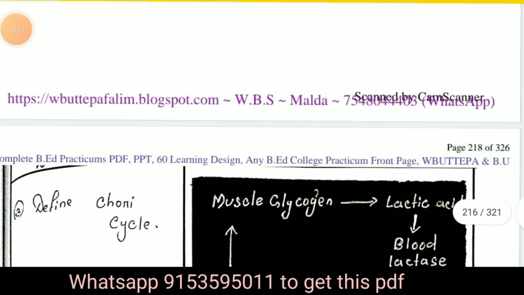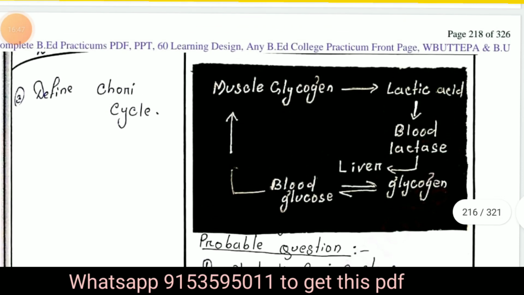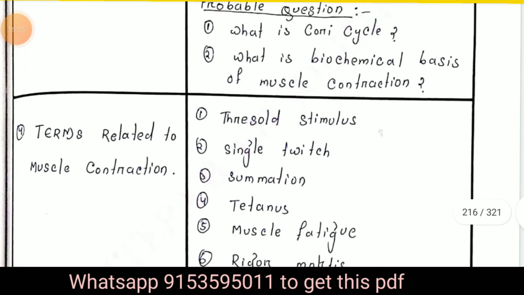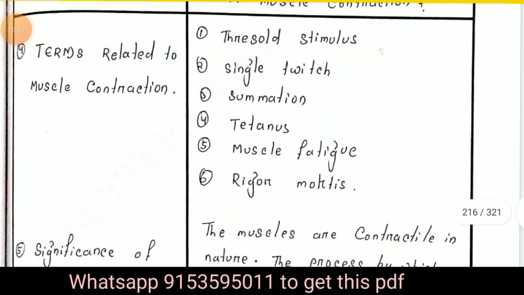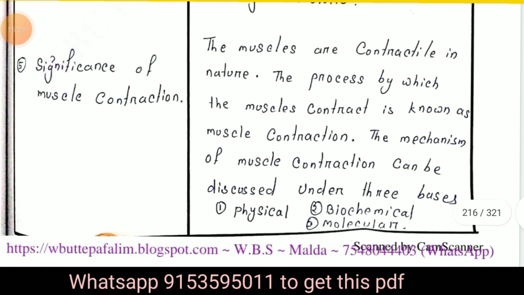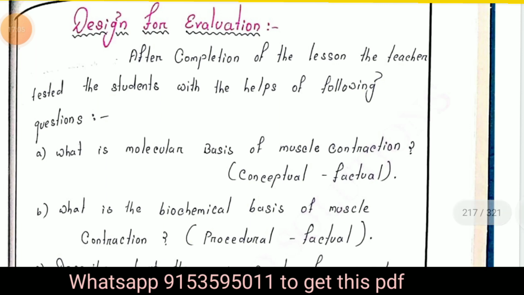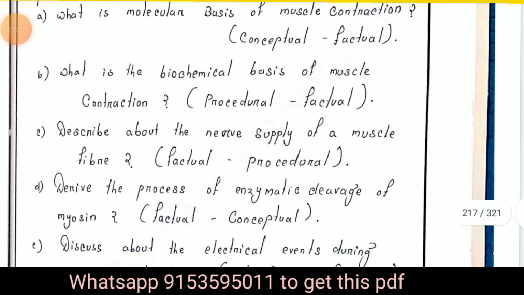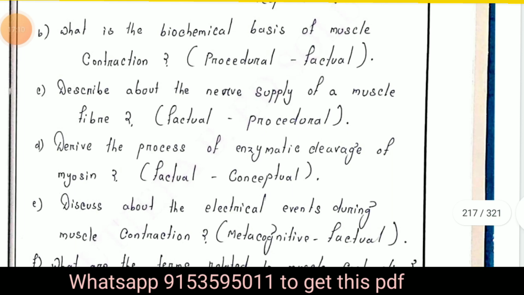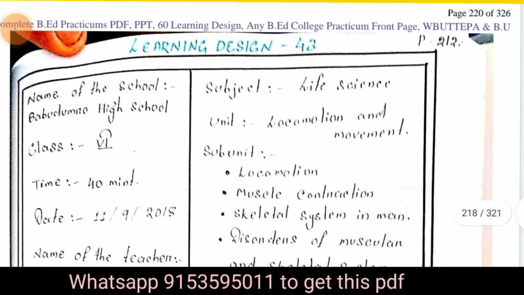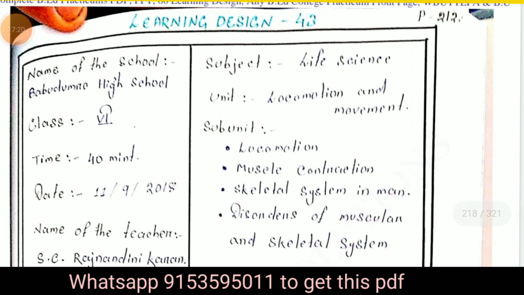Some blackboard work. Design for evaluation. Diagnose the weakness for remedial classes. Now we discuss learning design number 43.